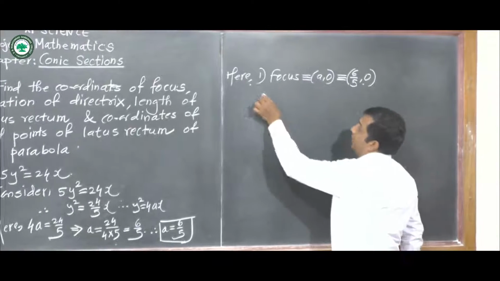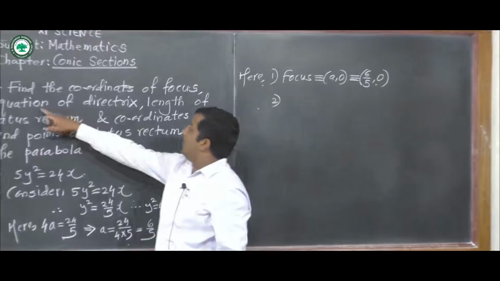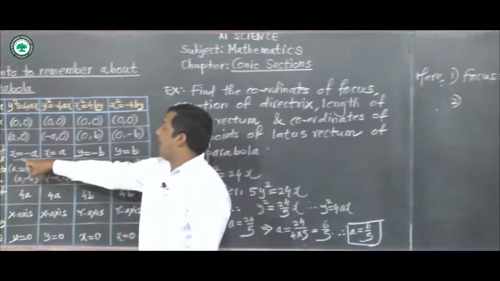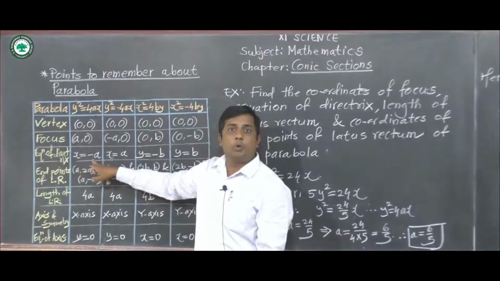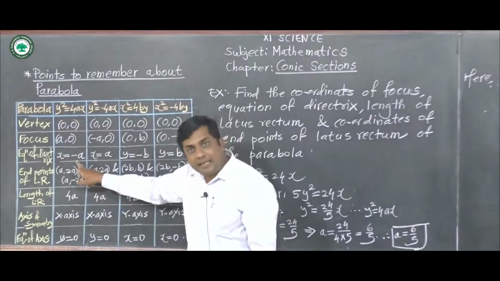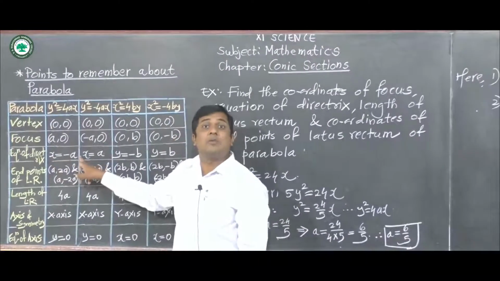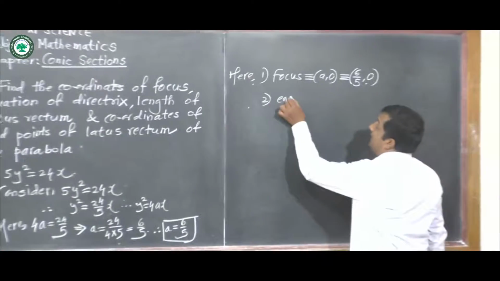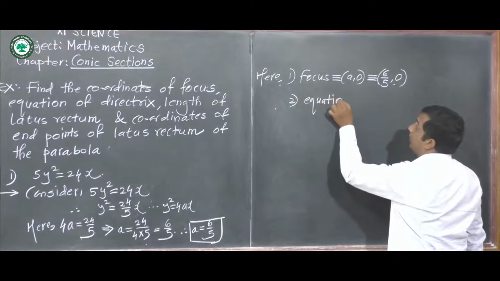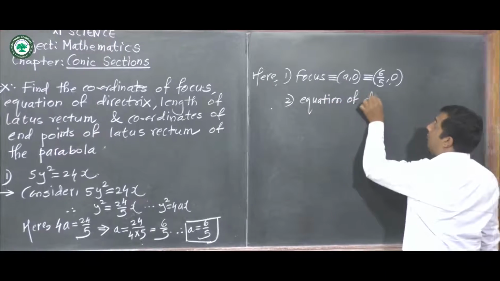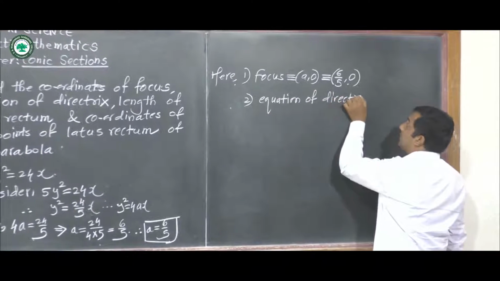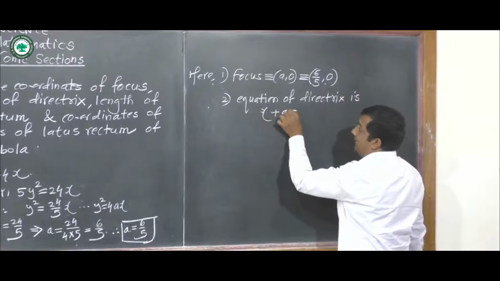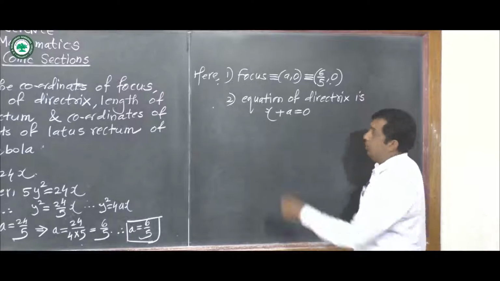Then in second, we have to find the equation of the directrix. We know for the given parabola the equation is x is equal to minus a, that is x plus a is equal to 0. So the equation of the directrix is x plus a is equal to 0.